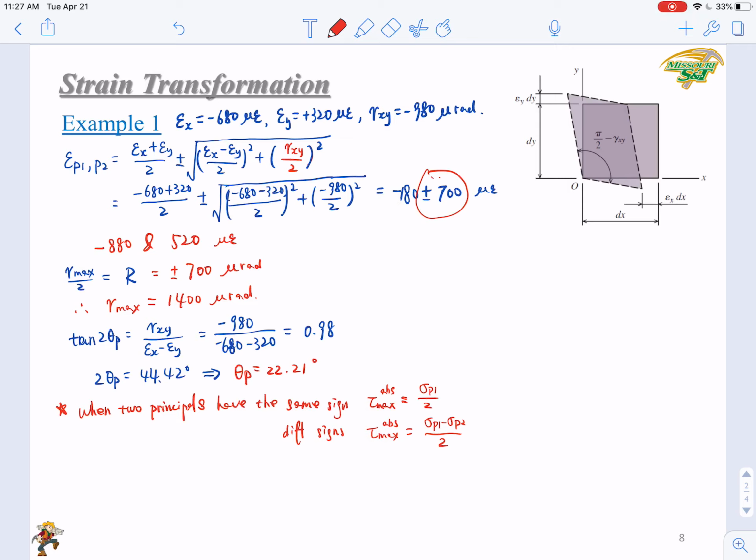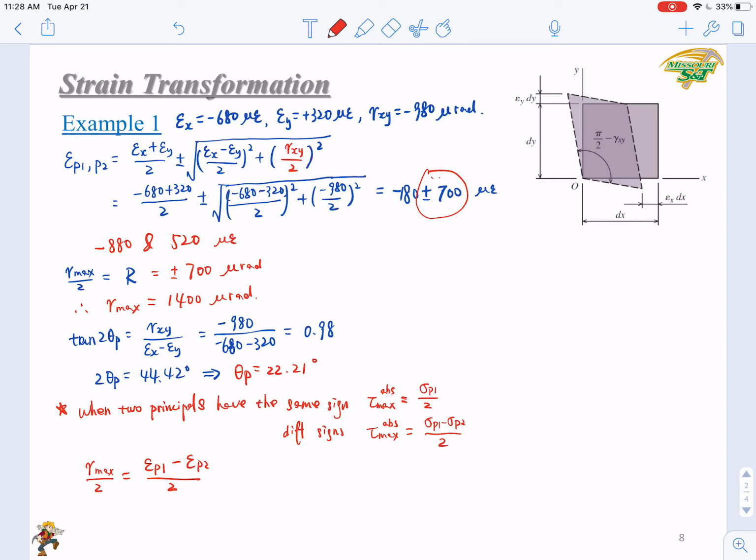Keep in mind that tau max will be replaced by gamma max over 2. So we get gamma max over 2 equals the difference between the two principal strains over 2.